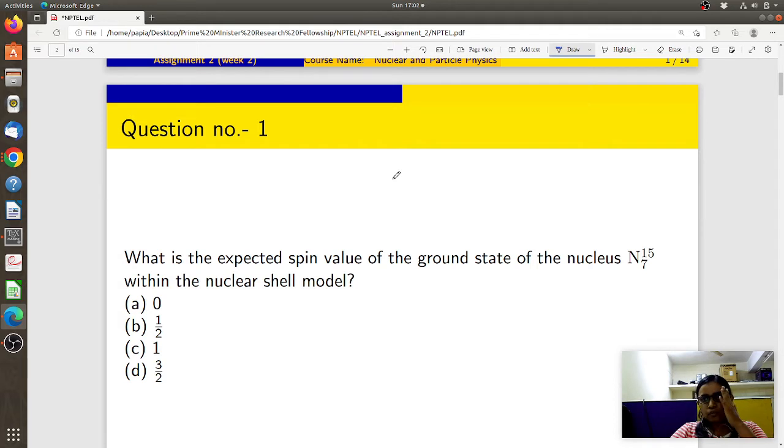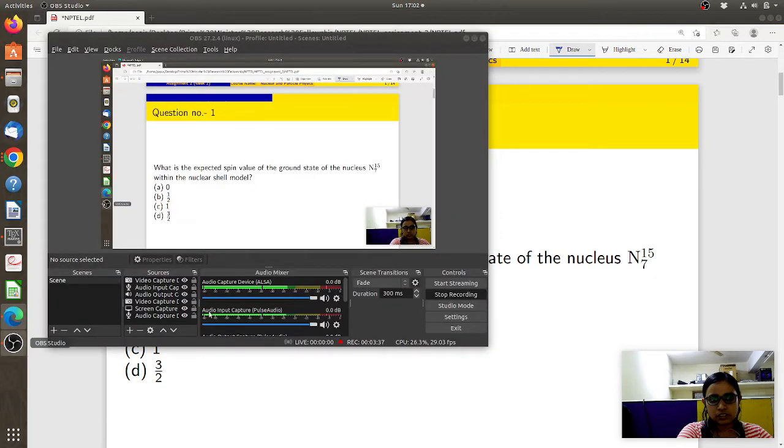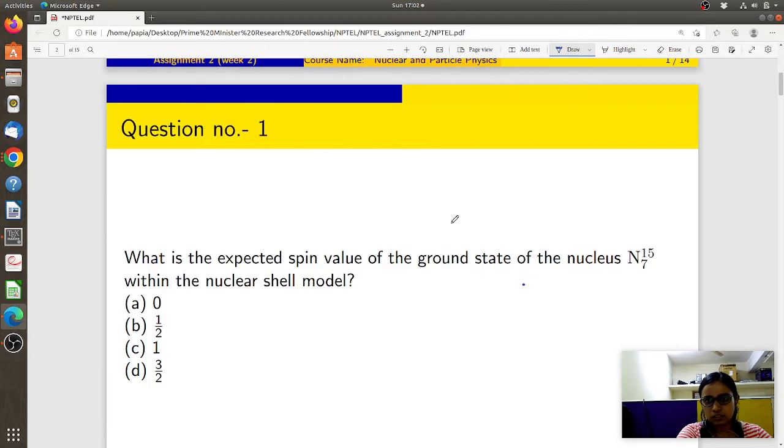So before going to the main answer of this question, I should talk about something which is known as the shell model. What is basically the shell model?